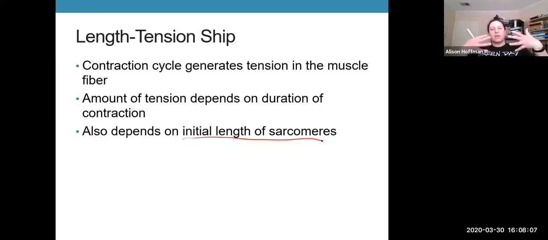And that makes sense because we know this is a sliding filament method. And so if we're starting relatively stretched out, then we have a lot of sarcomere overlap that can still occur to keep generating tension. But if we start already pretty overlapped, there's only so much more sarcomere that we can shrink down. And so that's going to restrict how much tension we can generate.